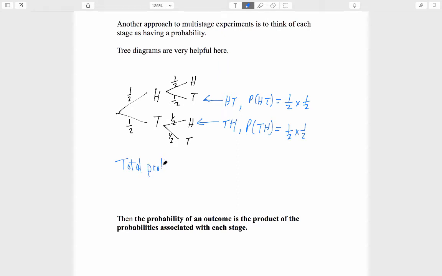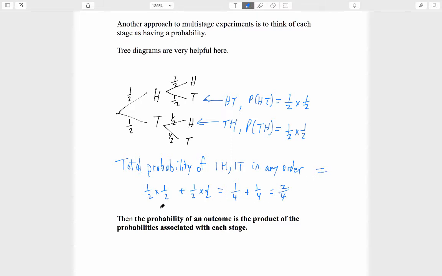Thus the overall probability, or the total probability of our event, that there will be one head and one tail in any order, equals the sum of these two probabilities, the sum of the probabilities of the outcomes that contribute to it. So 1/2 times 1/2 plus another 1/2 times 1/2. In other words, 1/4 plus another quarter equals 2/4. We obtain exactly the same result by this thinking as we did by our usual method of counting.